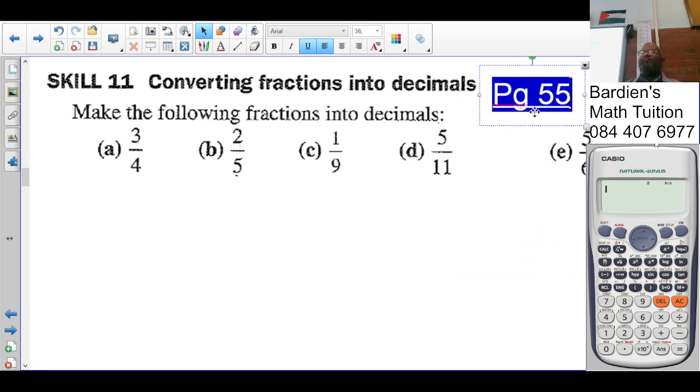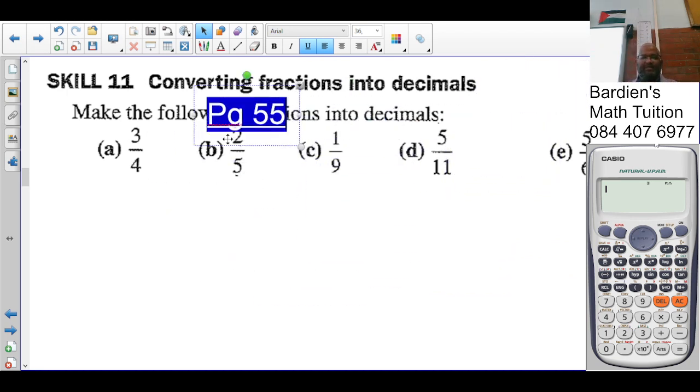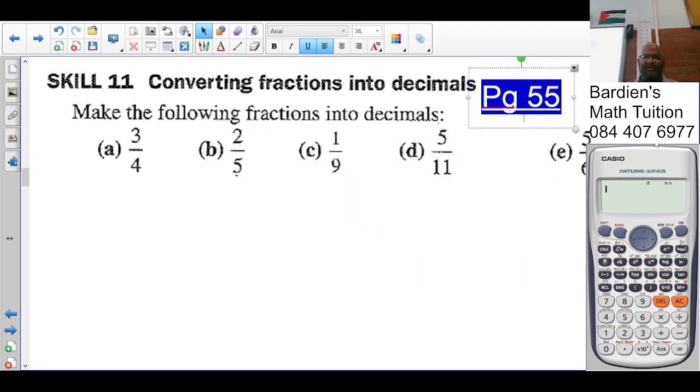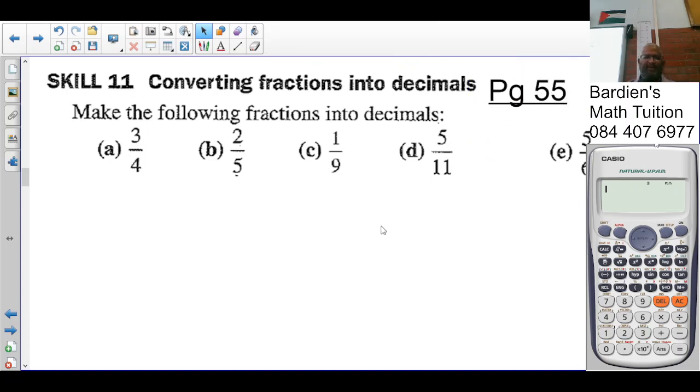Again, at any point when you watch these videos, just look on the screen where you see the text underlined. That indicates which page we're on, which exercise you're working from. Okay. So next year, before you come to the lesson, you can actually watch that day's lesson before the time.